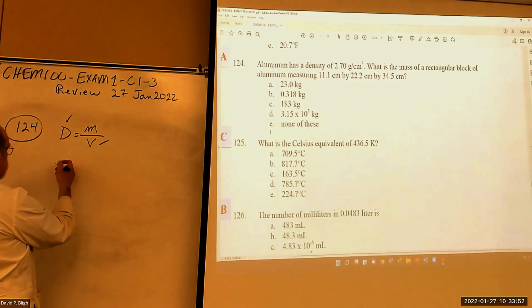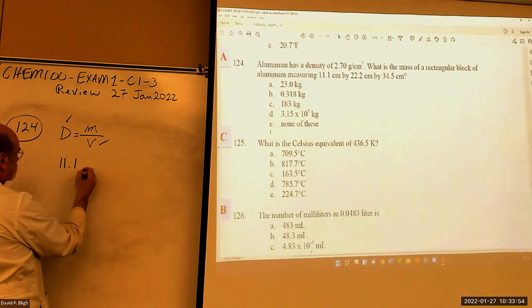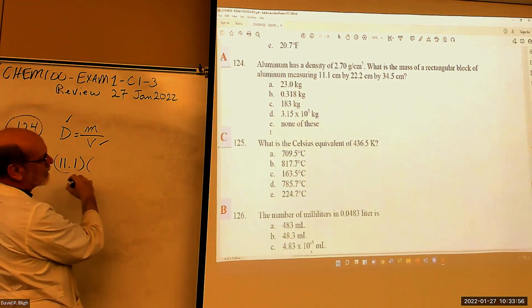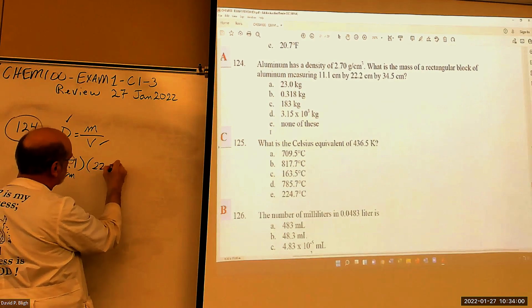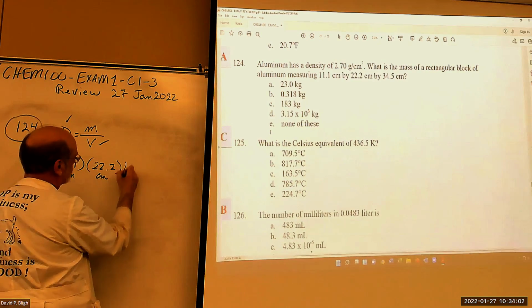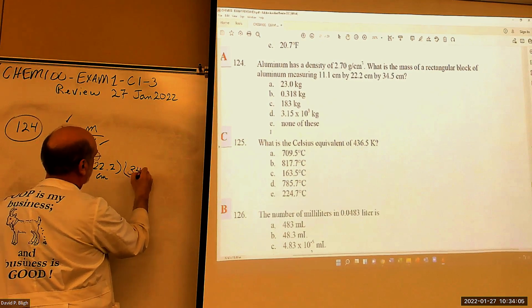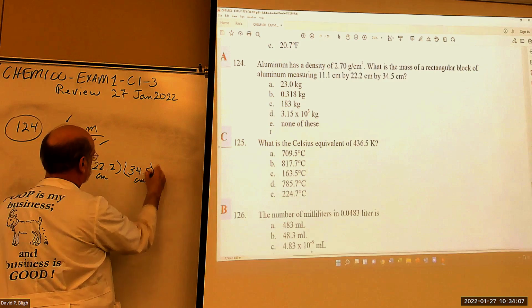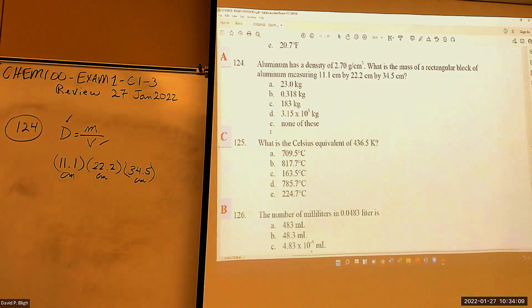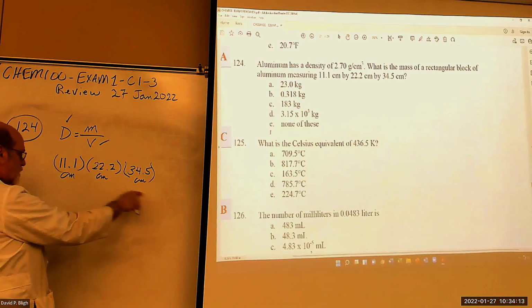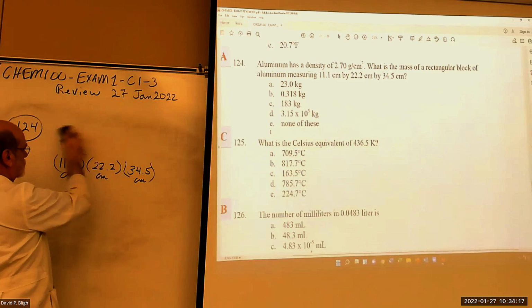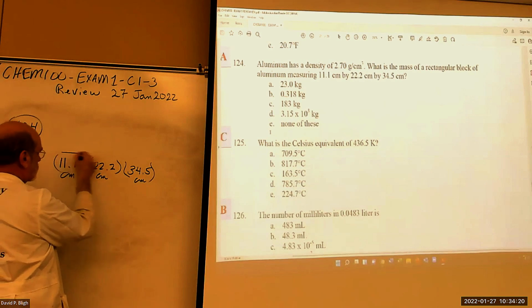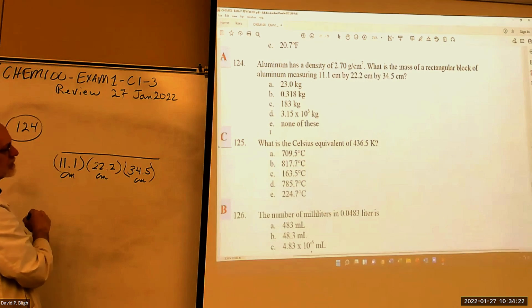So the volume would be 11.1 centimeters times 22.2 centimeters times 34.5 centimeters. That's our volume, cubic centimeters. So why don't we just make it all one calculation? There's our volume.